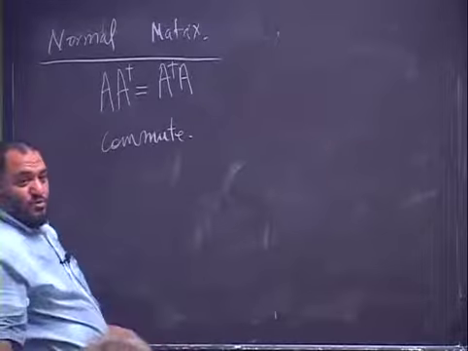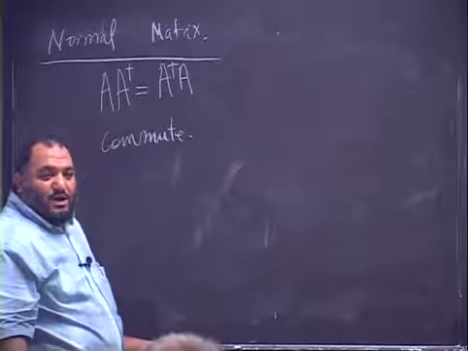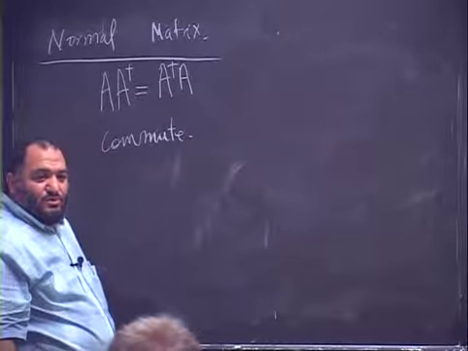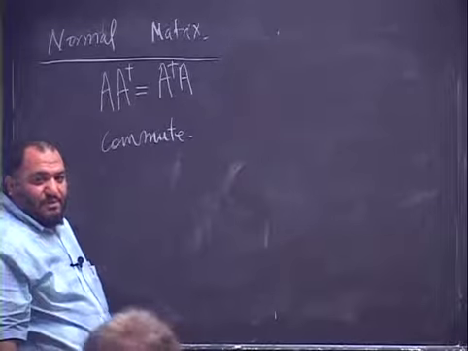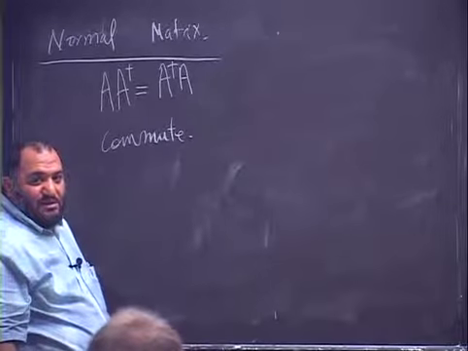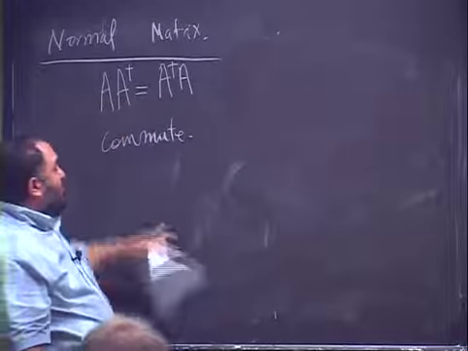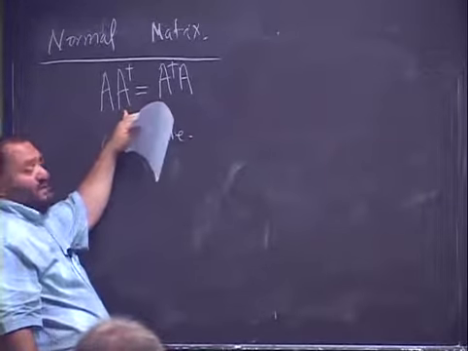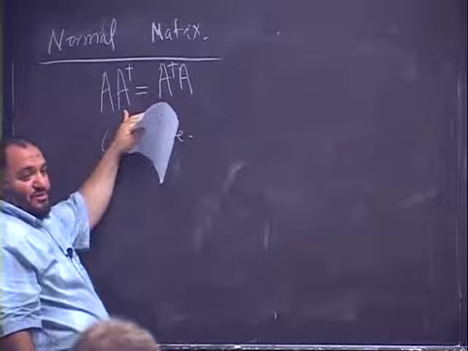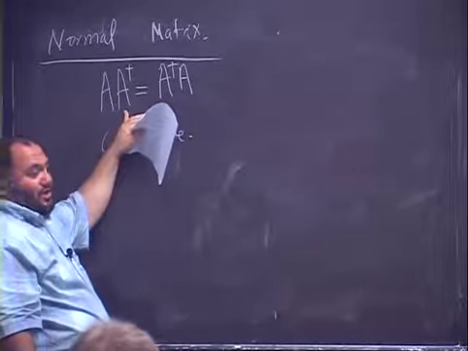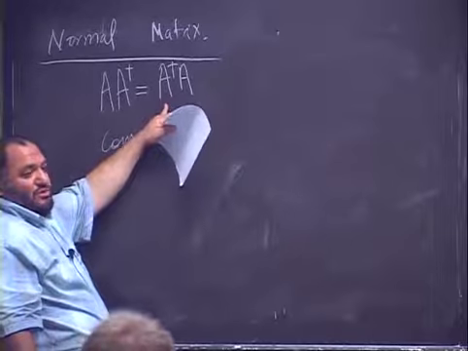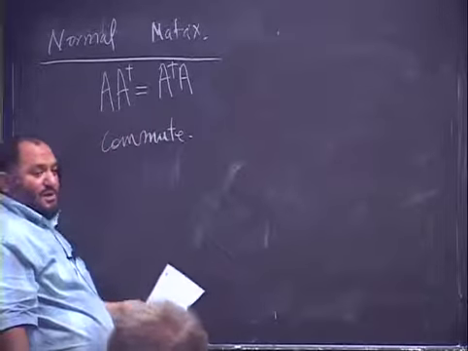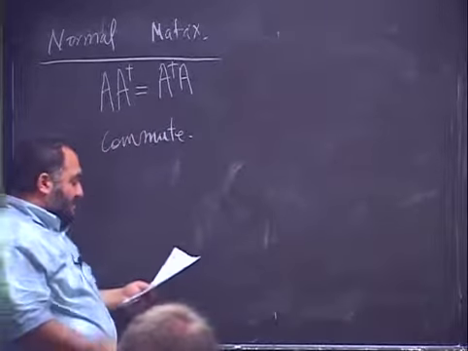We knew that matrices do not commute. AB is not equal to BA. Yes? But for those normal matrices, they commute. A multiplied by the adjoint or the Hermitian conjugate is equal to the adjoint multiplied by A again.